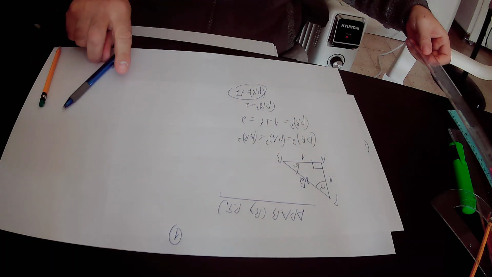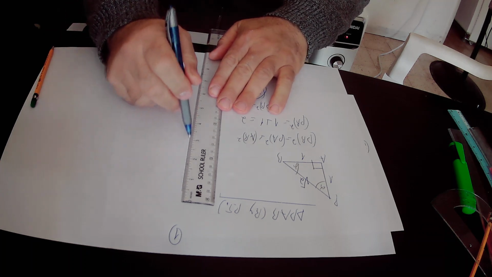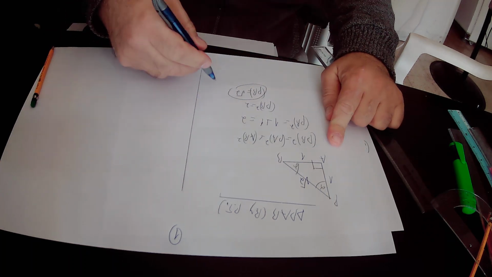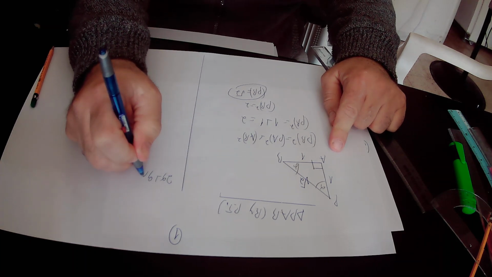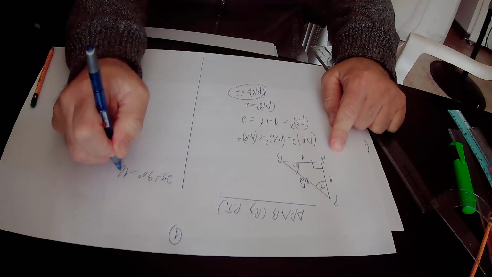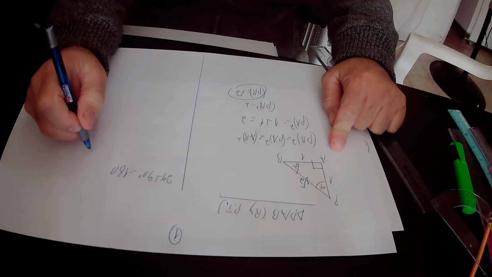In the right triangle PAB, the sum of the angles must be equal to 180 degrees. So alpha plus alpha, that is 2 alpha, plus 90 degrees, must be equal to 180 degrees, according to the rule that the sum of the angles in any triangle is equal to 180 degrees.